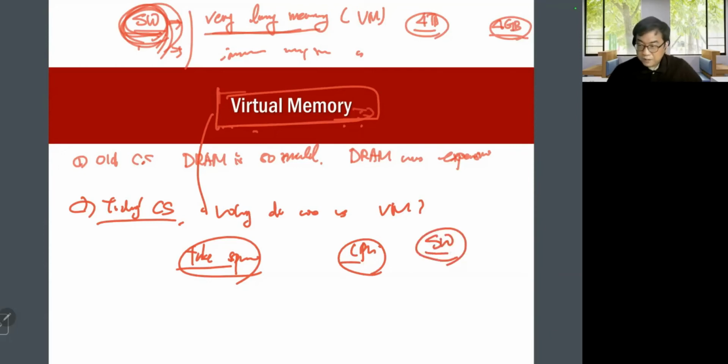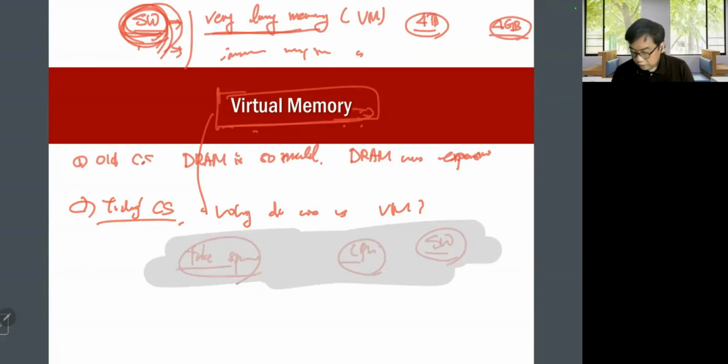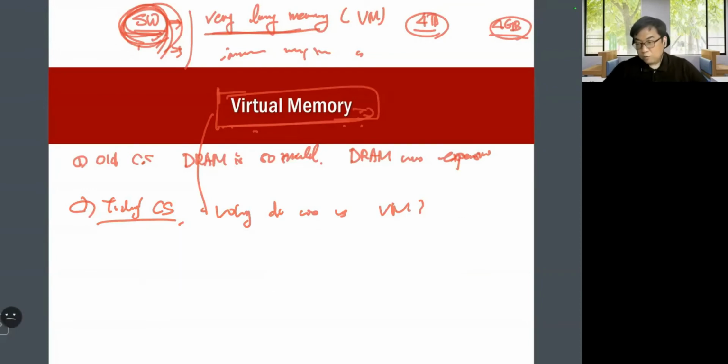There are many benefits from virtual memory. First, think like this. You are writing a certain code, designing software. Let us assume that we need to manage the real location of the data in the physical memory.